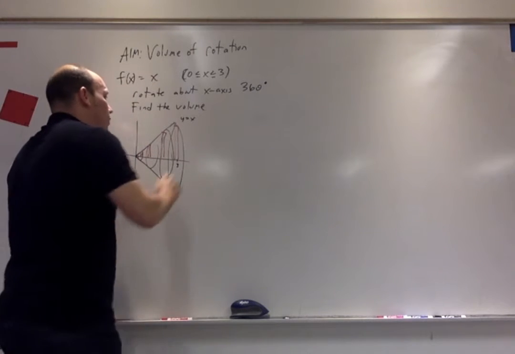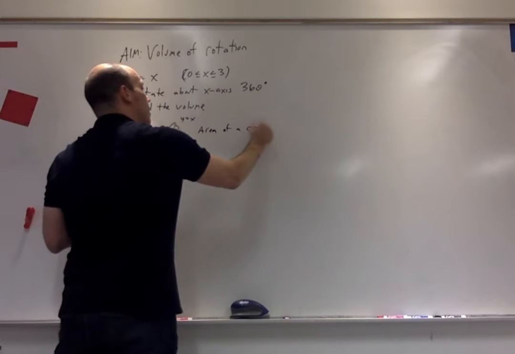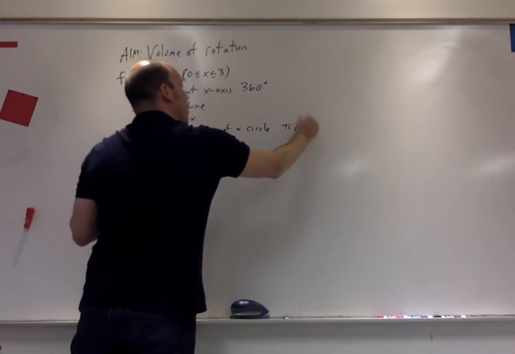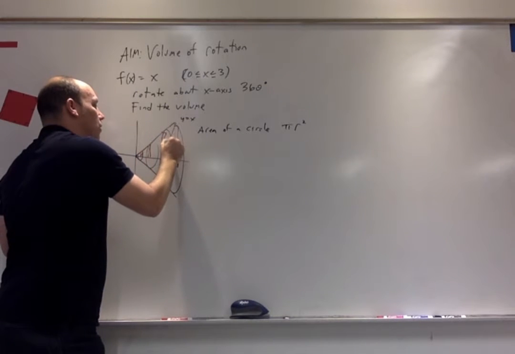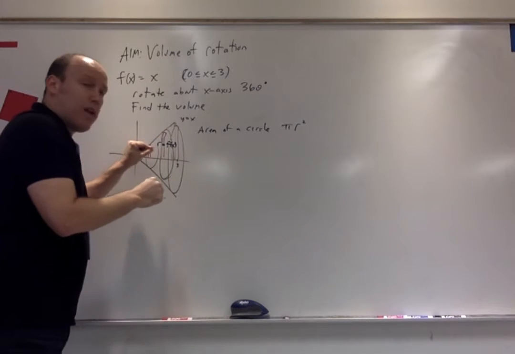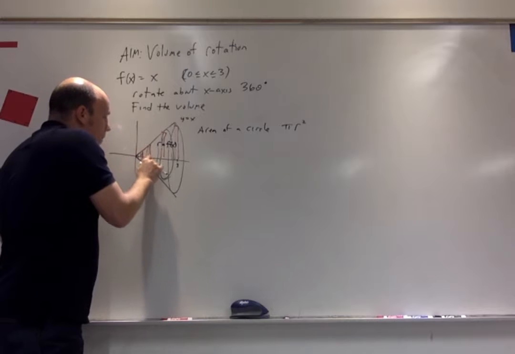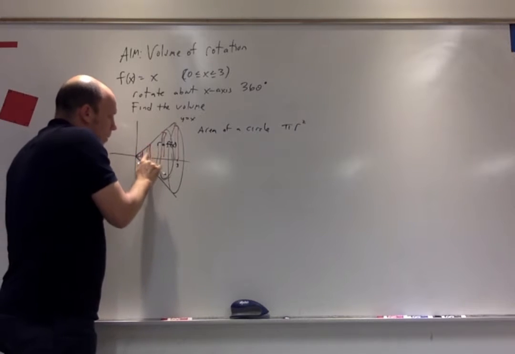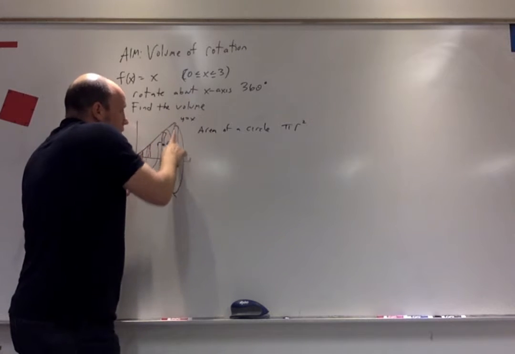The area of a circle is pi r squared. In this case, the radius is the function at the specific location. So this first circle here might have a radius of 0.5, right here the radius may be 1, 2, and then 3.